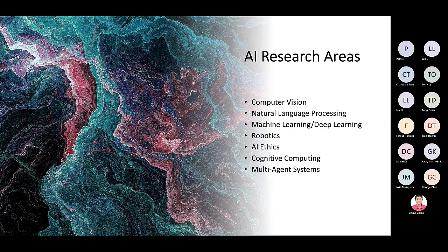That's an area called machine learning, and recently it's more popular with deep learning algorithms. And the fourth area is called robotics. That means if a machine has enough knowledge and responds to human input, maybe this machine can perform certain activities, right?